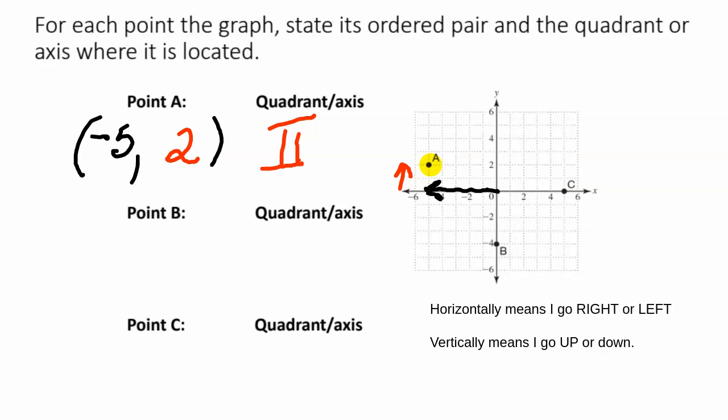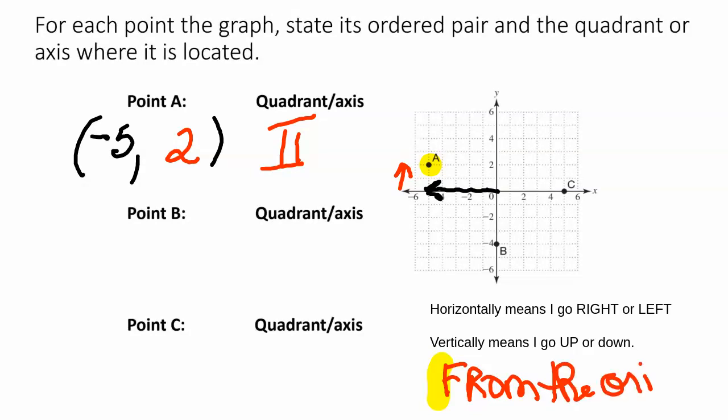Okay. And the key is from the origin. These are based on going from the origin.